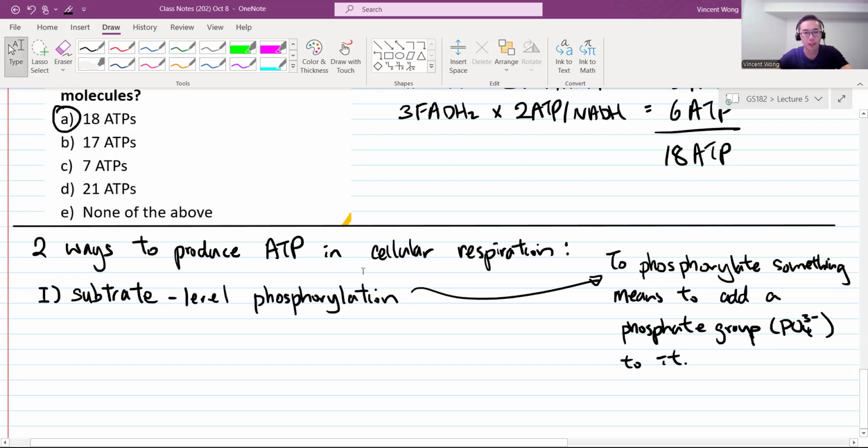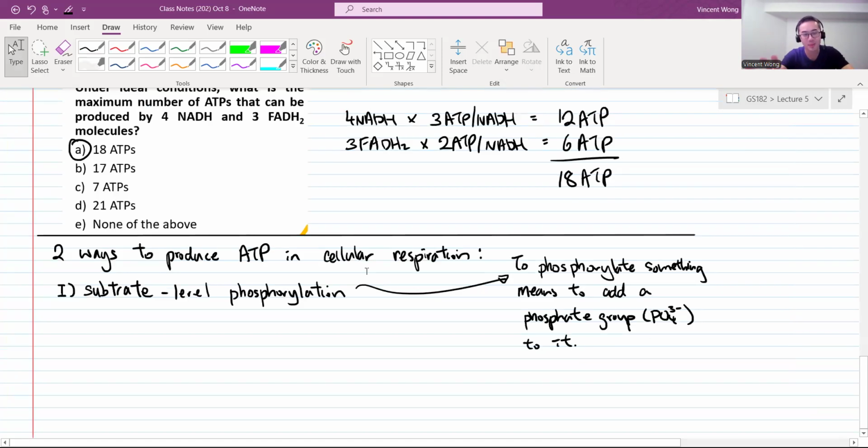To phosphorylate, listen to this part. I know you're busy copying, but to phosphorylate ADP means to add a P to ADP. And what do you get afterwards? Let me say that one more time. To phosphorylate ADP means to add a phosphate to it.